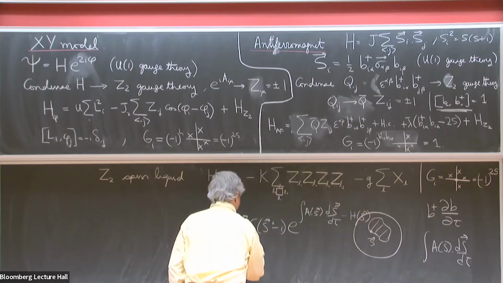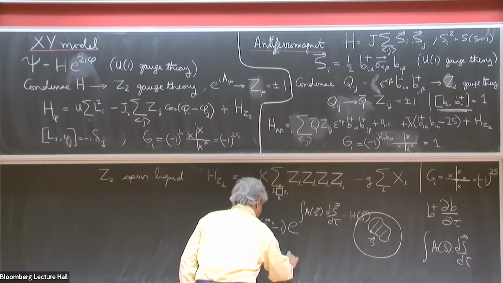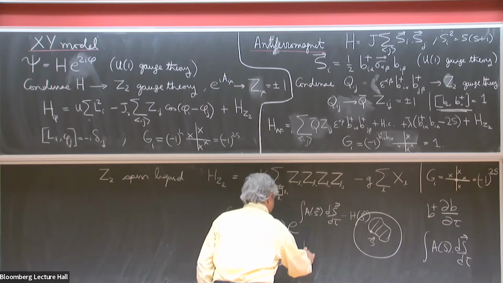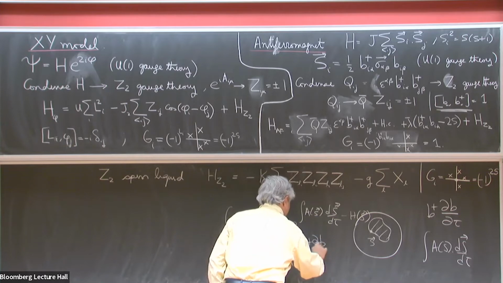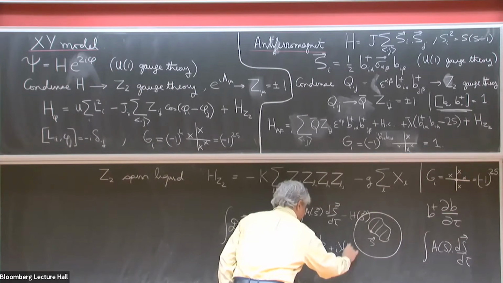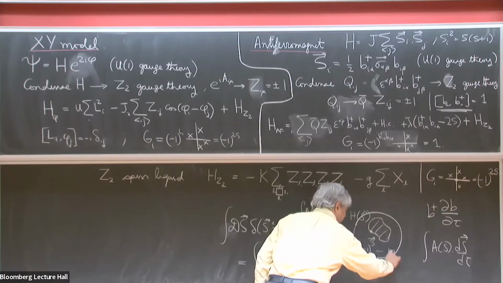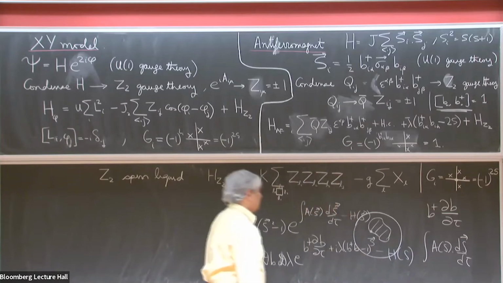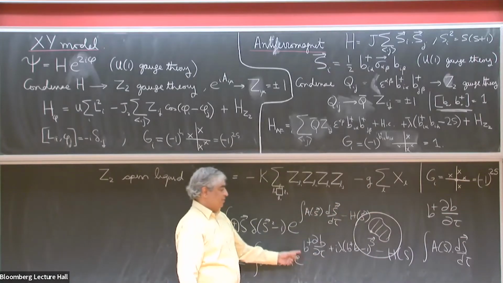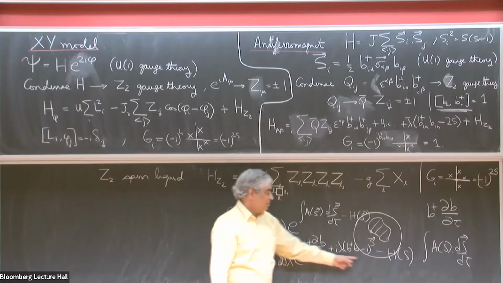This is exactly equal to integrals over dB, d lambda, e to the B dagger dB d tau, plus i lambda times (B dagger B minus 1), minus the Hamiltonian of the spin operators. So this very familiar coherent state term is exactly the Berry phase term of the spins once we impose the constraint.